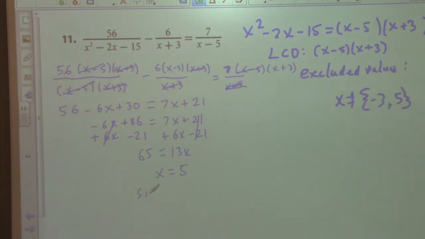Since x equals 5 is an excluded value, x equals 5 is a what? An extraneous solution.